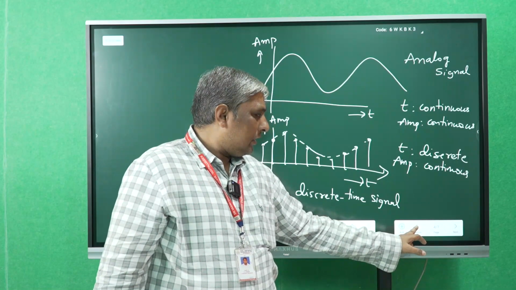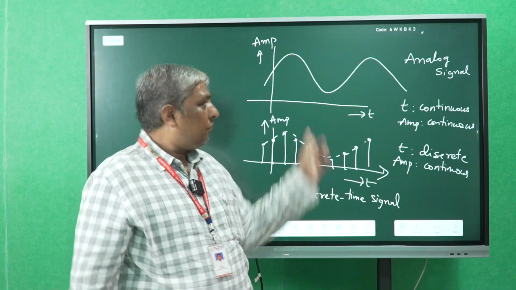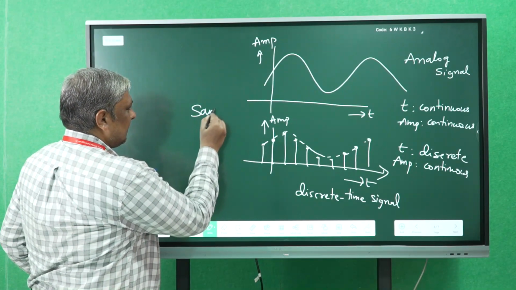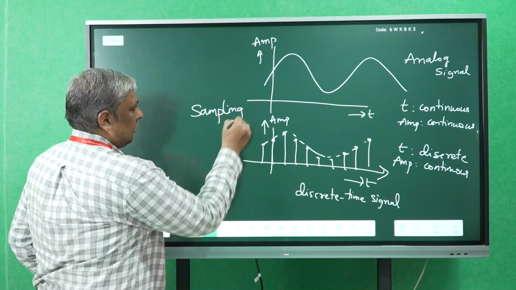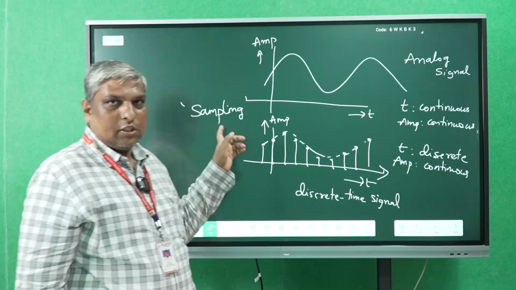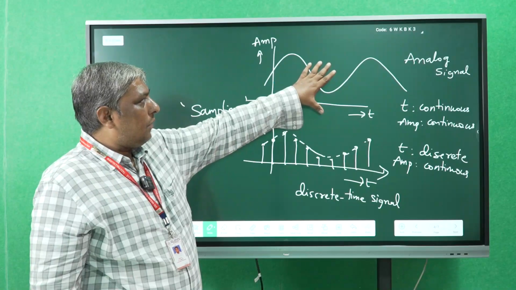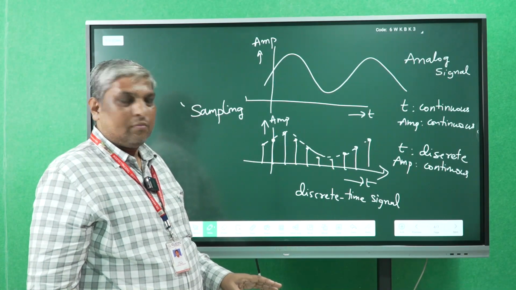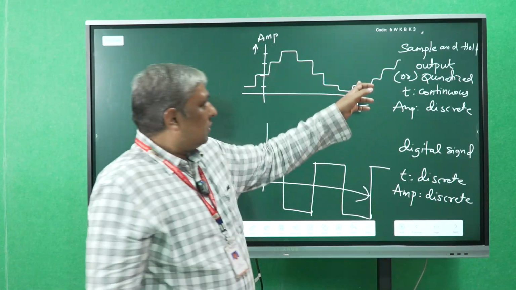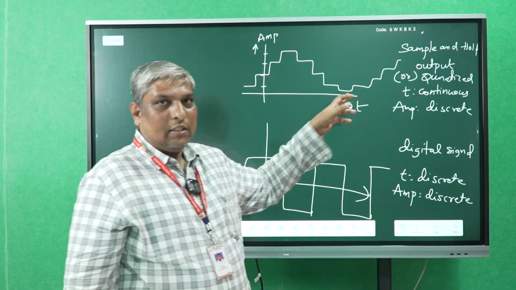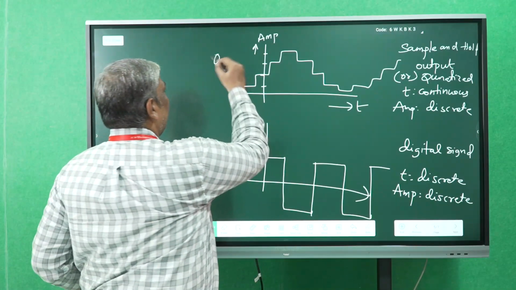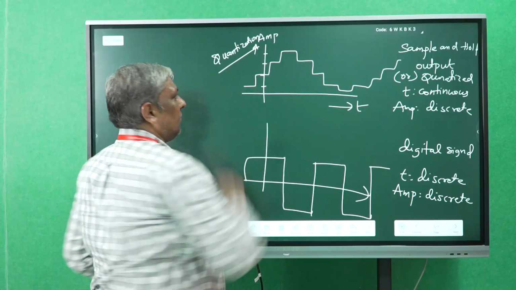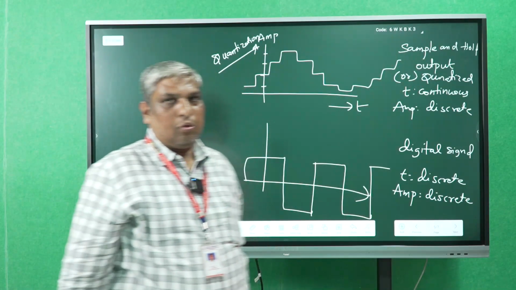The process of converting a continuous time or analog signal into a discrete time signal is called sampling. Similarly, the quantized output is obtained by means of the quantization operation, and it can also be called a sample and hold output.